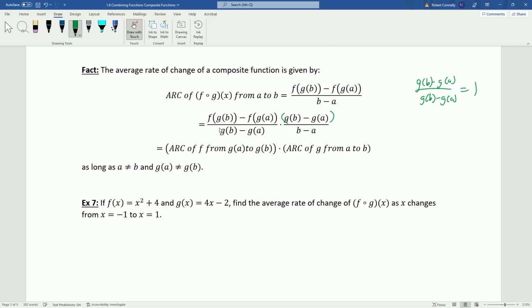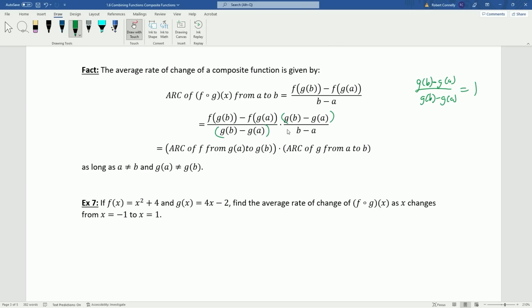We've just written it in a silly way, right? We split up this fraction and multiplied the top and bottom of each of those by this fraction, g of b minus g of a divided by itself. So we're really just multiplying by 1, so we haven't changed the value at all.